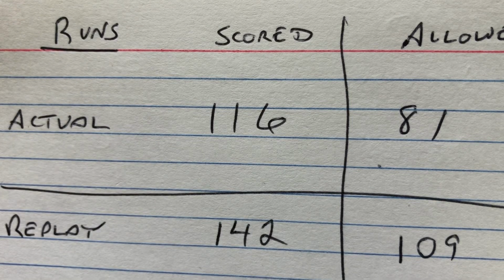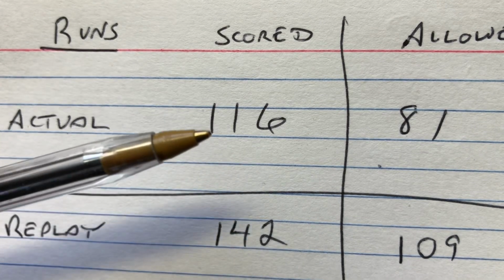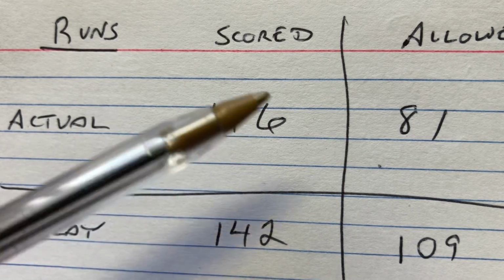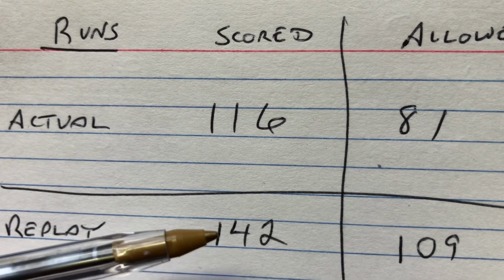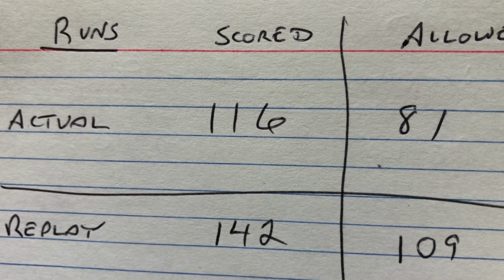So the bats have been a little bit hot early. We have two reasons why that is the case, and we're going to look at those now and come back to this card actually. But these are the actual numbers: 116 for runs scored, 81 for runs allowed, and then 142 for runs scored in the replay, and 109 for runs allowed.